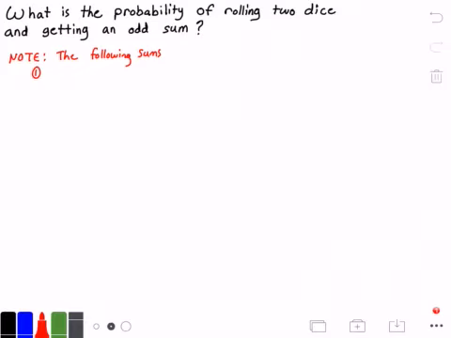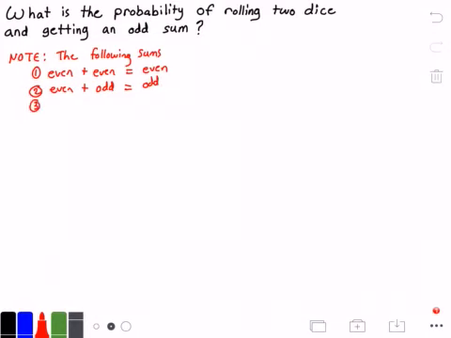So one is that an even number, and I'm just going to put even for even number, plus another even number gives us an even number. The second statement is that an even number plus an odd number, and I'm just going to put odd for odd number, gives us an odd number.